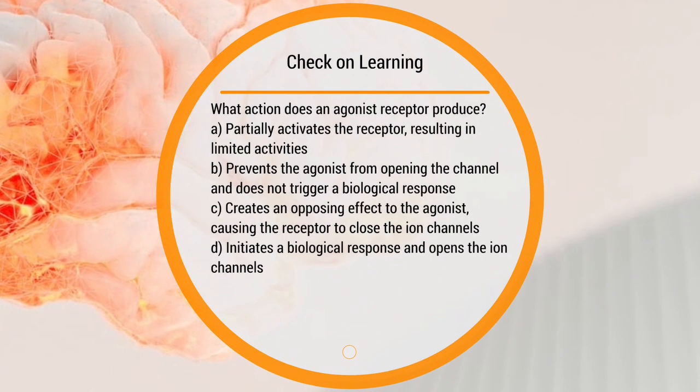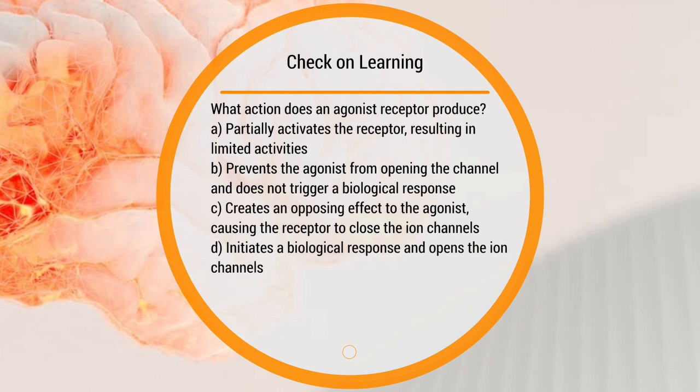Now let's do a check on learning. What action does an agonist at a receptor produce? A. Does it partially activate the receptor, resulting in limited activity? B. Does it prevent the agonist from opening the channel and not trigger a biological response?